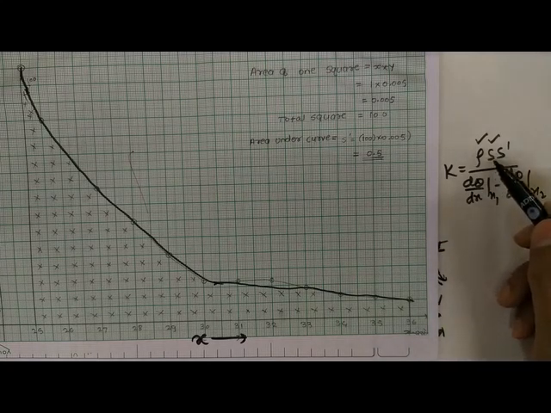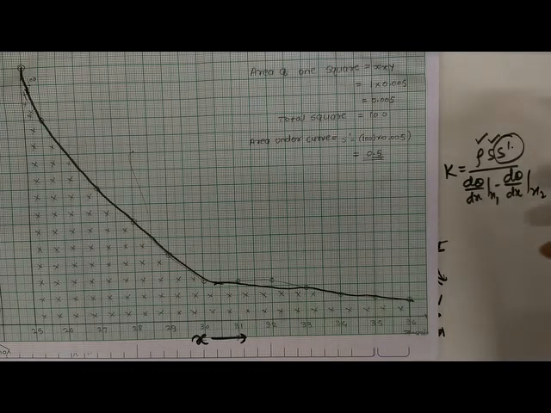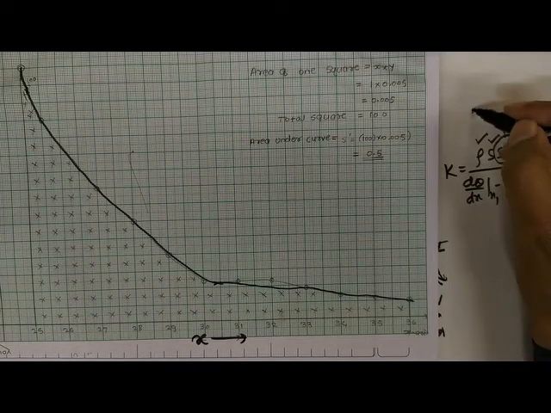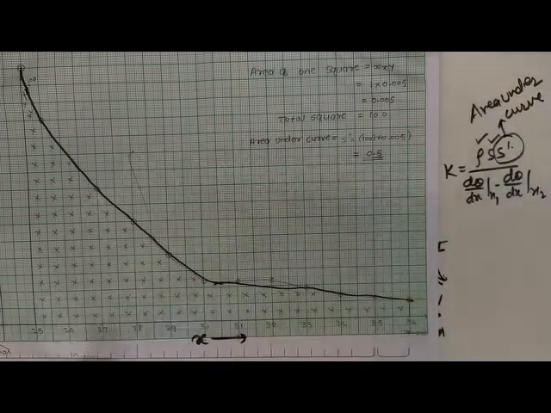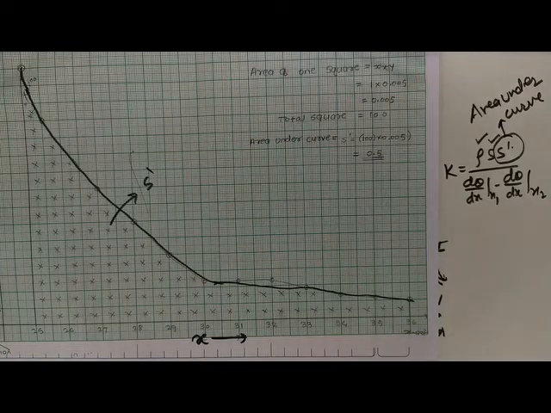Rho is the density and s is the specific heat. The only unknown is s dash, and this s dash is nothing but the area under the third curve, and that is what we have to measure.